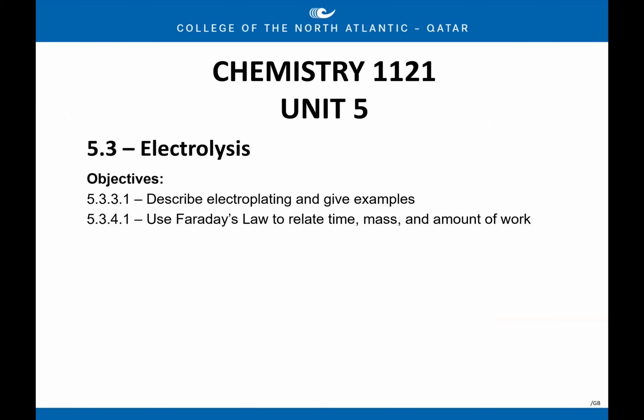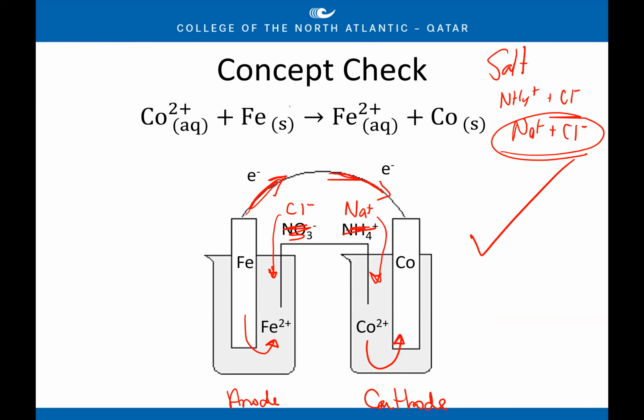And I can actually just explain it with this last picture. In this side of this cell, all of this cobalt is sticking onto the cobalt metal. So all of these ions are covering this metal. So we're plating the cobalt on itself.